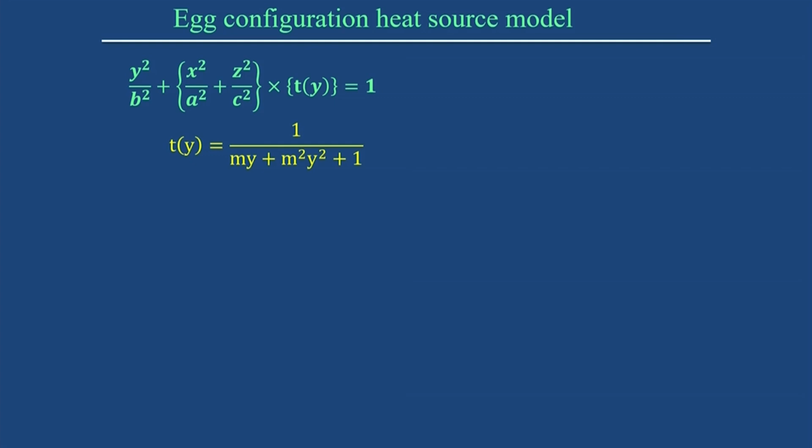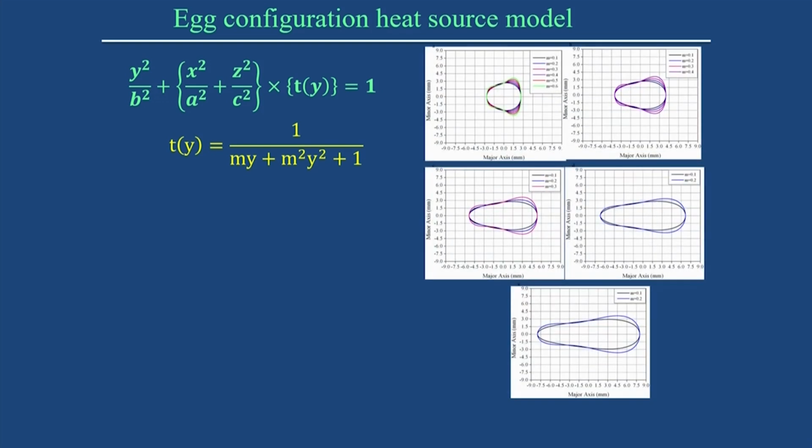So, the egg configuration heat source model simply modifies the ellipsoidal equation by introducing a functional form, that means x square and z square are modified by T(y), a function of y. Then we can generate different geometric shapes. That is typically called the egg configuration heat source model. It looks like an oval shape, or you can say an egg shape.